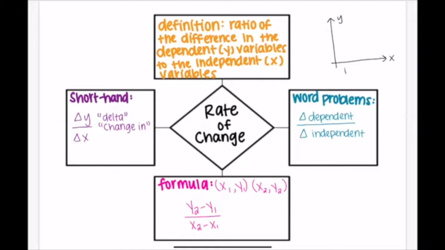Independent is always the x values, and your y values depend on the x's, so they are dependent. Same thing if you translate that into a table: x is independent, and y is dependent.